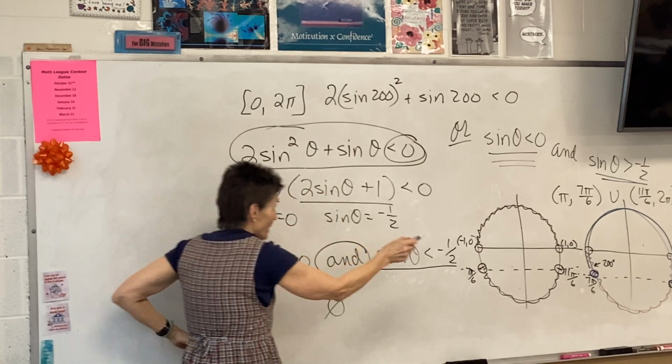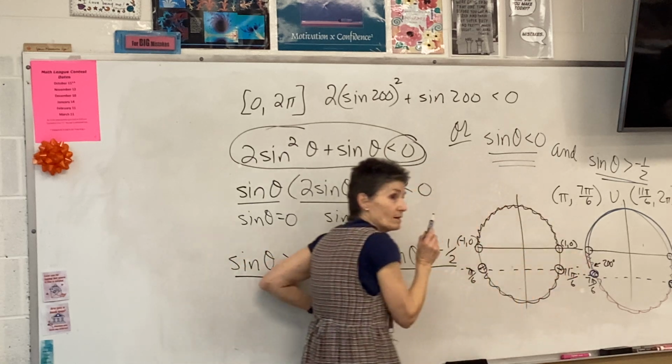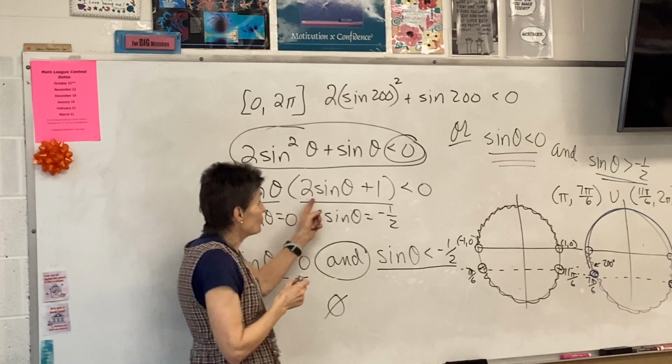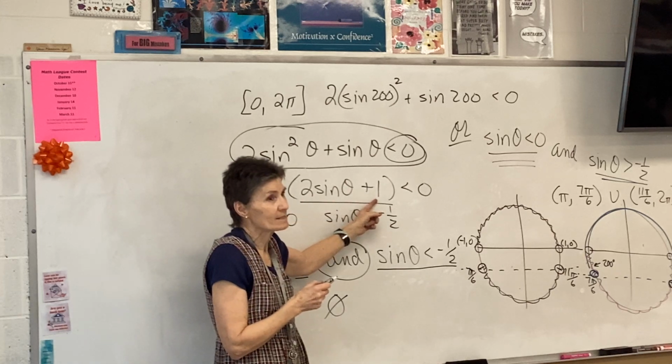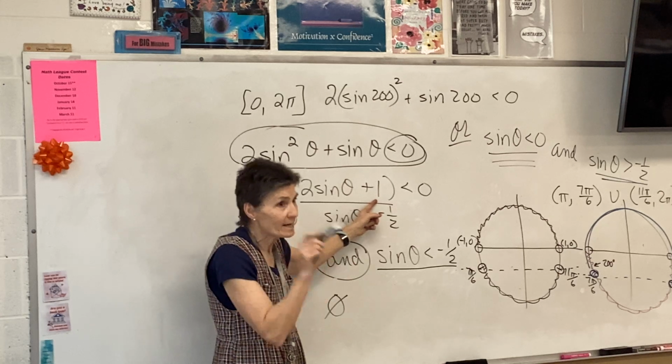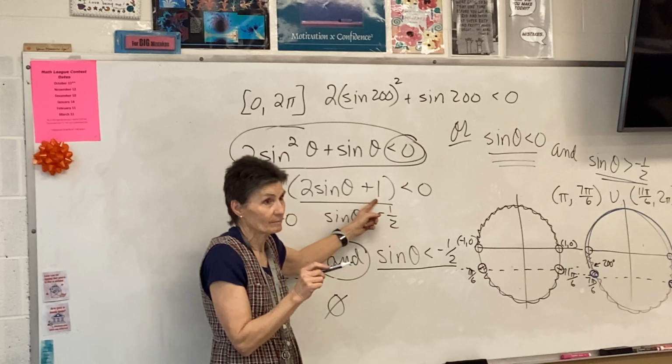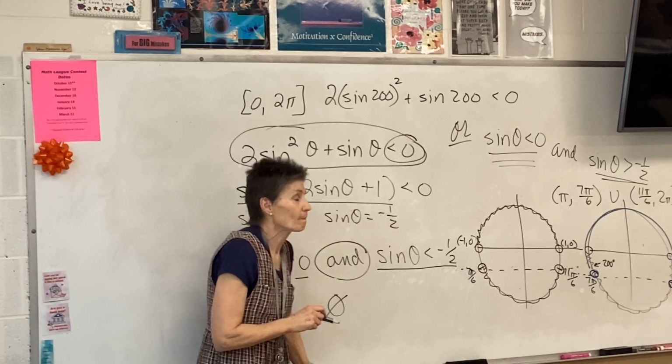So apparently in this interval right here, sine theta is going to be negative, but 2 sine plus 1 is positive, okay? We're not saying sine is positive, we're saying 2 sine plus 1 is positive. Does that make sense to you?